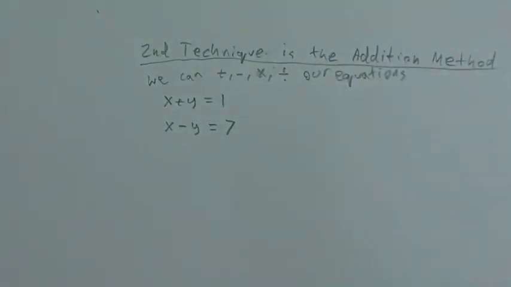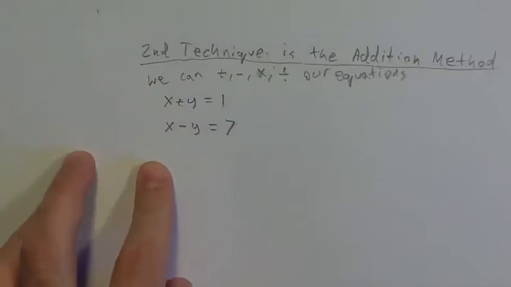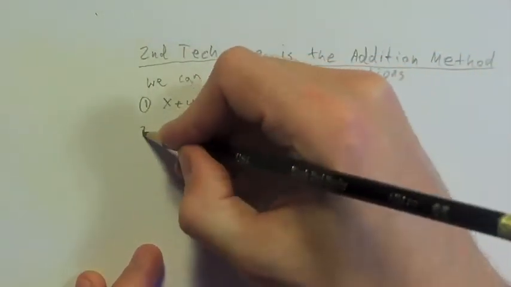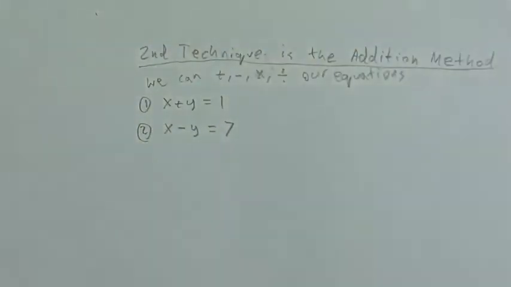So we can actually kind of approach this like we would some other sort of equation. So what I'm going to do is, with this setup here, the system, I have x plus y is equal to 1 as my first equation, and my second equation is x minus y equals 7.